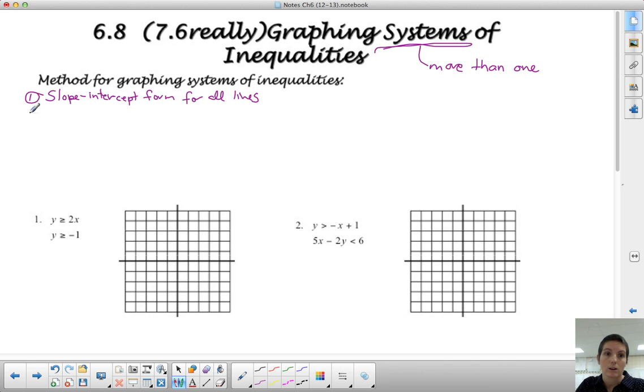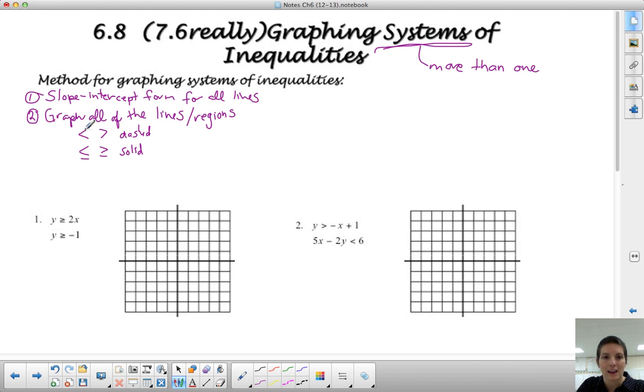Step 2 is to graph all of the lines and their shaded region. A reminder underneath this graph: less than and greater than lines have dashed lines. The equal to's have solid lines or filled lines. No holes.